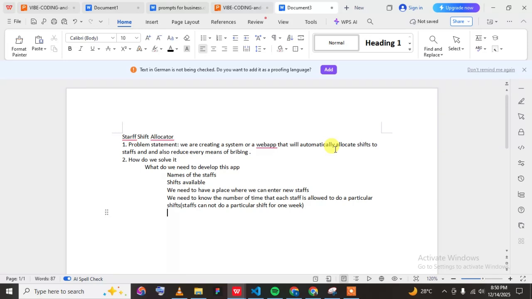Okay, we also need to know the time that these staffs, we should be able to capture the time because they used to sign in.